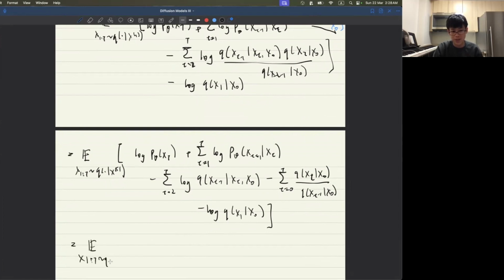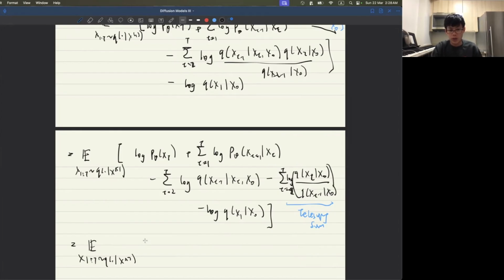Okay, now it is time to make some insights, right? So one thing we can note over here is this is a telescoping sum. Oh, sorry, didn't copy the logs over. So there's a log over here, and this is a telescoping sum because the log of numerator over denominator, where the numerator and denominator are index 1 apart, will just cancel out with itself. And also, this should be of an index 2, right?